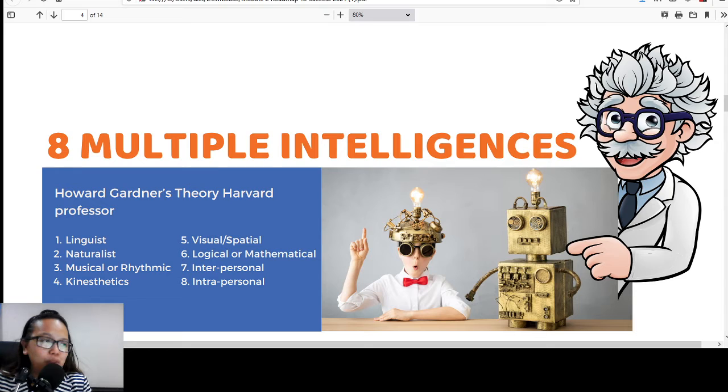First we've got the linguistic. People who are strong in linguistic, verbal intelligence are able to use words well, both when writing and speaking. These individuals are typically very good at writing stories, memorizing information, and reading.